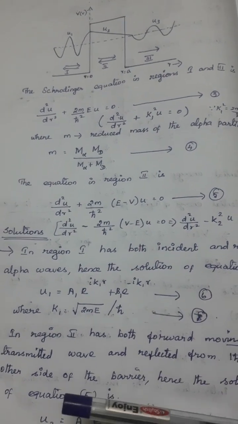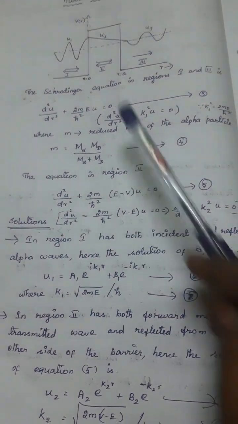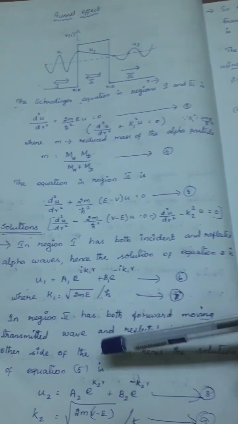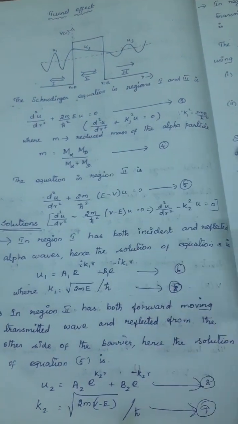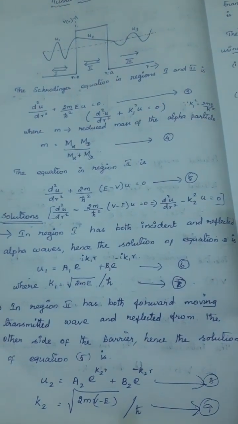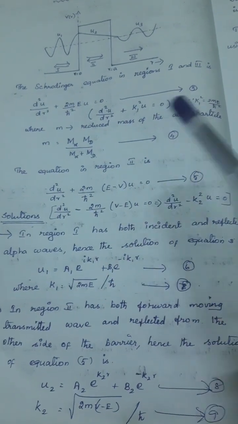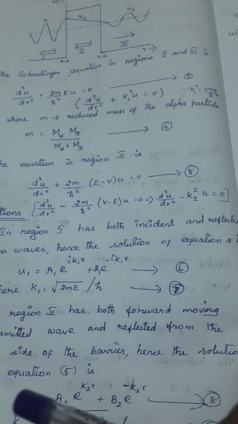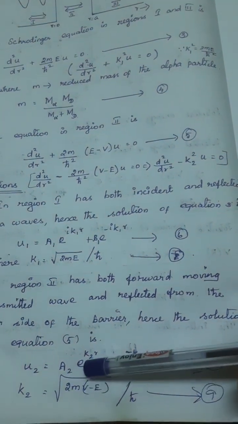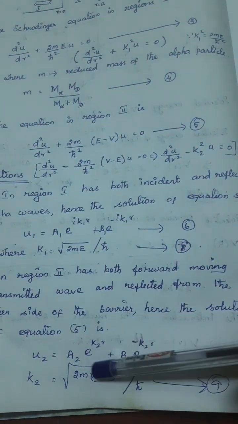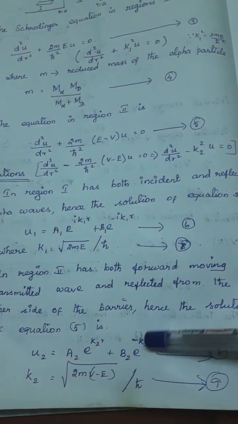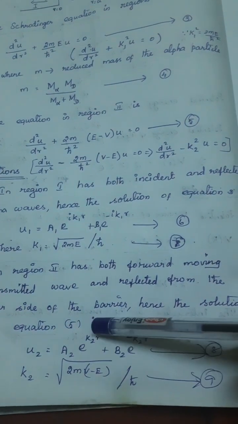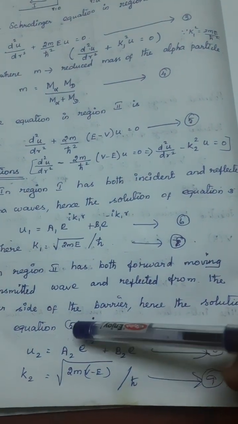Now we consider the second region. Here only the transmitted wave is moving, and at the same time it is reflected at the other wall, so automatically it also has two terms. It is represented only by e power k2r and e power minus k2r, and there is no imaginary i term.